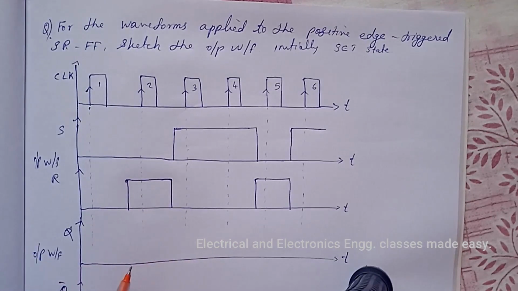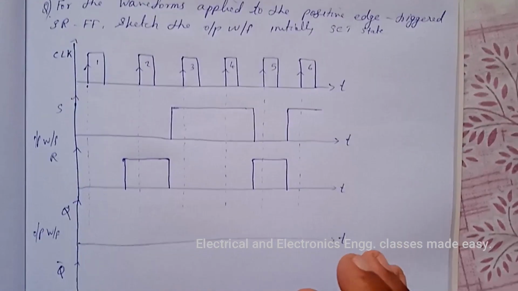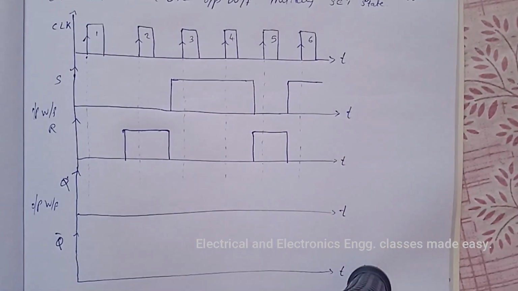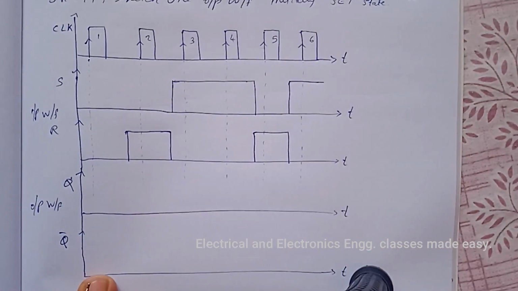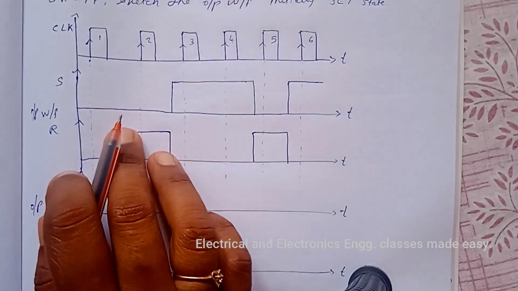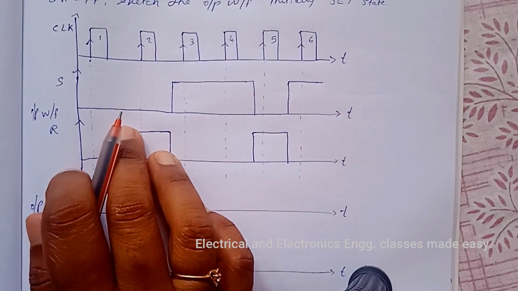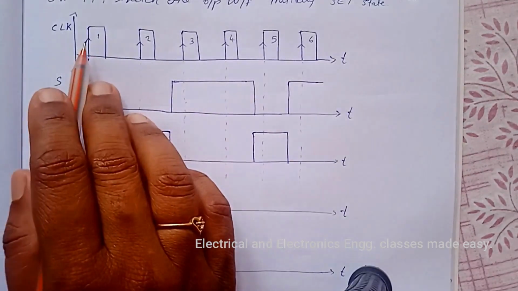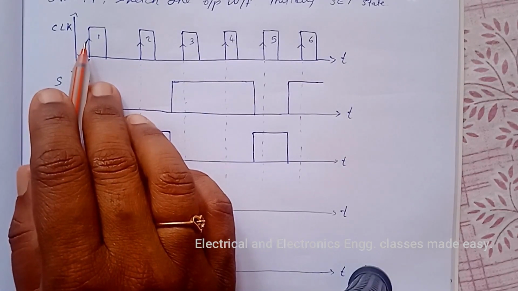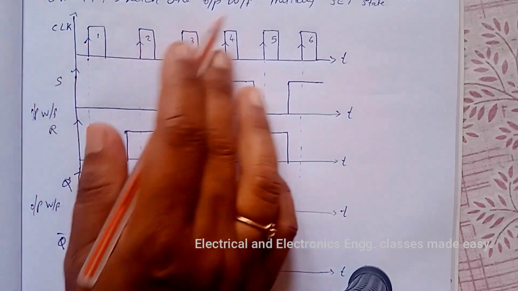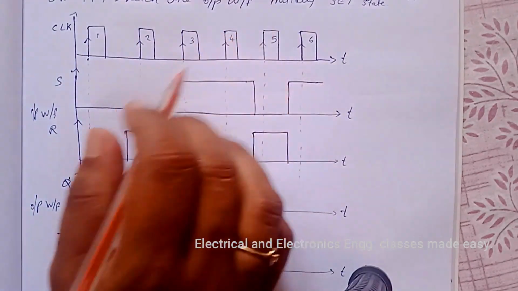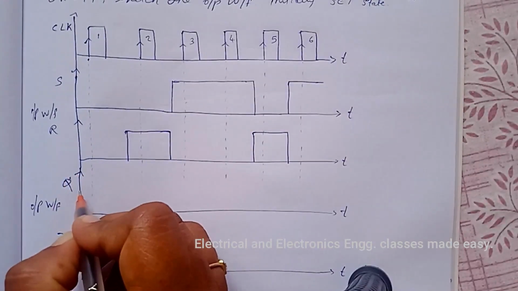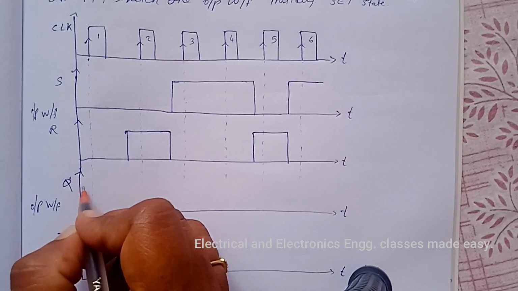So we have to draw the output waveforms Q and Q bar. This is a positive edge triggered flip-flop, so the output transitions take place at the positive edge of the clock pulse. And initially it is set state, so Q is equal to 1.